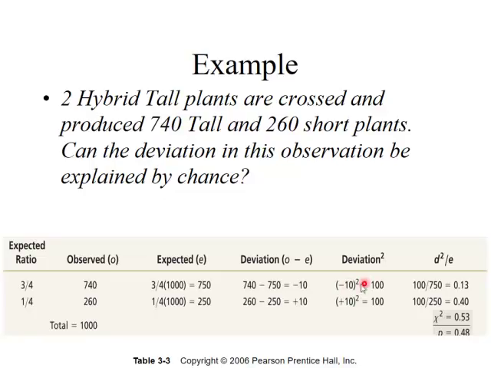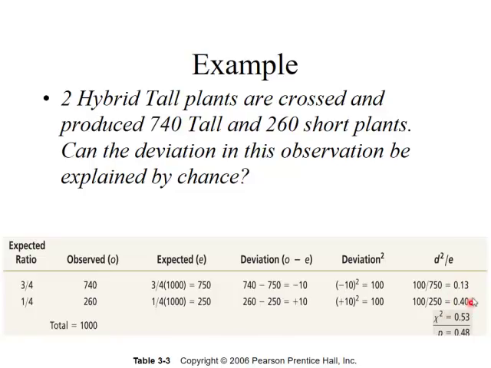So -10 times -10 is 100, and +10 times +10 is 100. Then you take this deviation squared and divide it by your expected. So in this case, we take 100 and divide it by 750 and get 0.13. We do the same thing here: 100 divided by the expected 250 gives us 0.40.